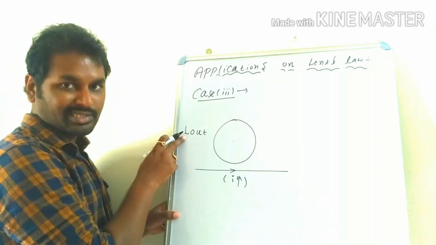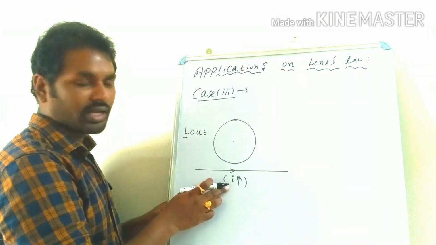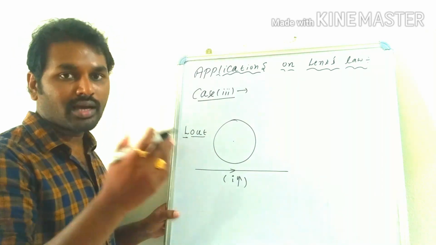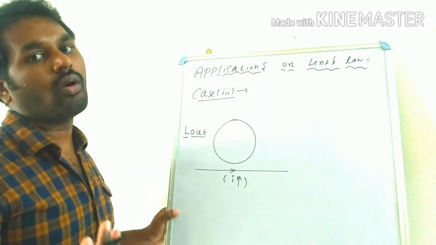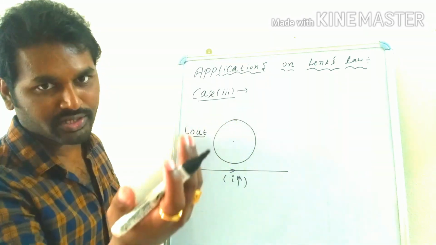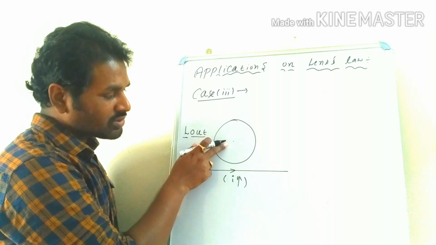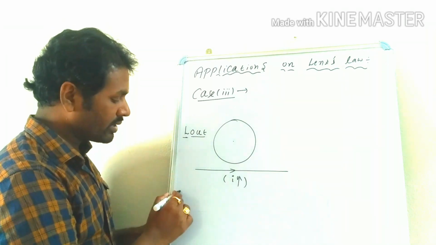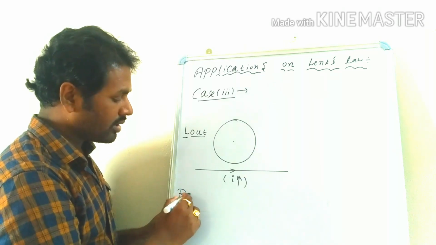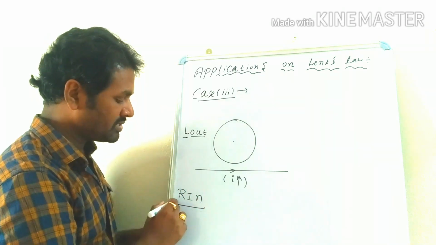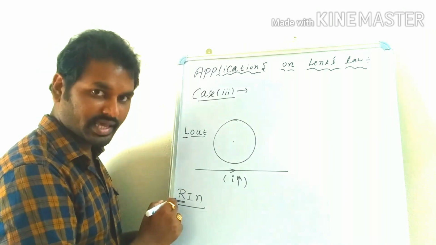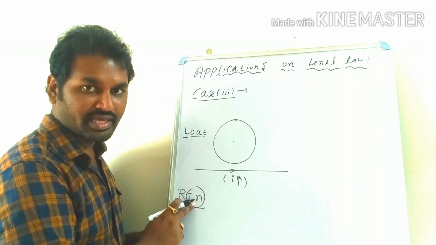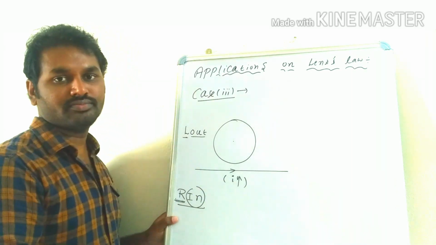If the coil is on the left side of the current carrying conductor, the magnetic field will come out of the coil, which means in this direction. If this coil is kept on the right side, there you will get R in, which means if the coil is on the right side, the magnetic field direction is into the board.